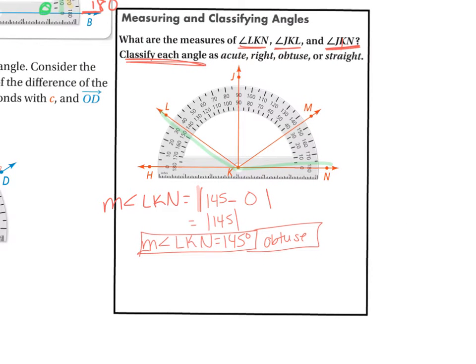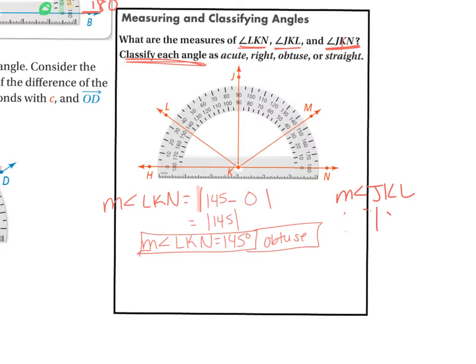All right, now let's do the other angle, the measure of angle JKL. So we have the absolute value. J looks like it's at 90. So the absolute value of 90. Can you tell I'm having technical difficulties today? Because I am.